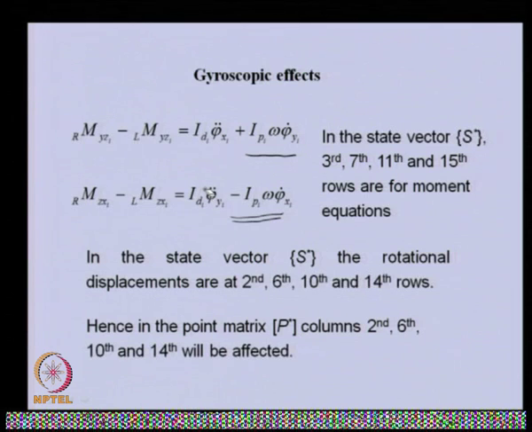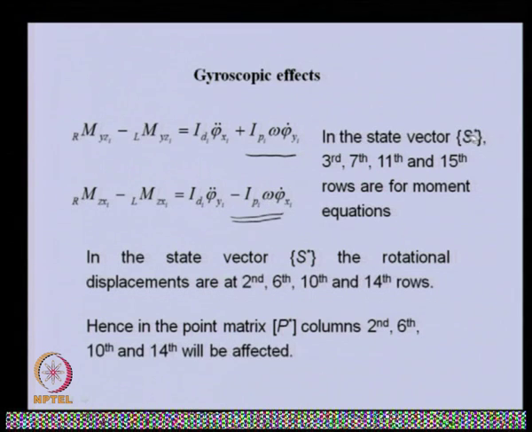In the development of the point matrix, we considered only a single plane, but now because of the gyroscopic couple, both planes are involved. So we need to write these equations for both planes. That is why we have written them for the yz plane and for the zx plane. Now you can see the state vector.